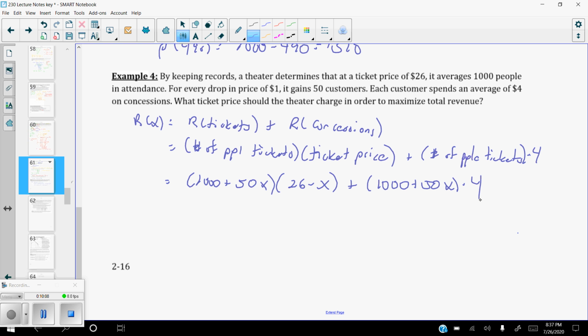Now we can simplify all that. We're going to go ahead and do some distribution and combine some like terms. First one, we have to FOIL. Oh boy, going to be some big numbers. Let's see, 26,000. Outside is going to be minus 1,000x. Inside, what is that going to be?